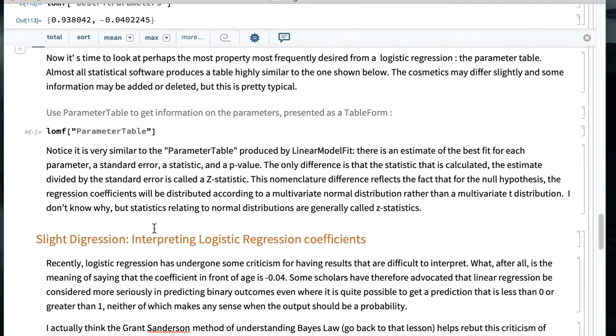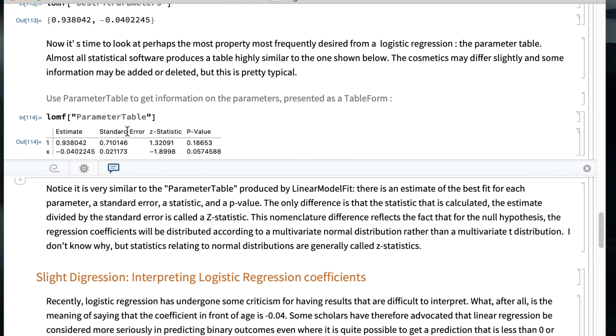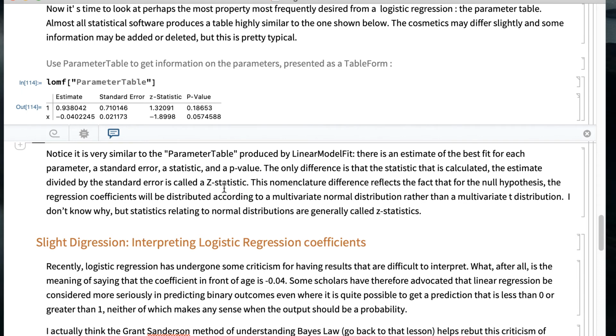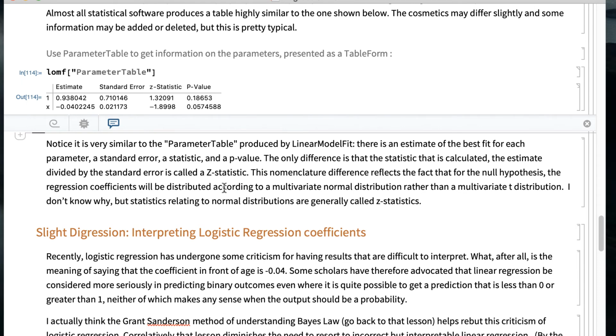Again, probably the most used property that we're going to get out of a fitted model that derives from a logit model fit is the parameter table. It is very similar in form to the parameter table that we got when we did linear model fit. We have our estimate of the parameter.